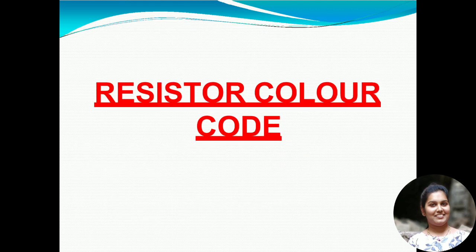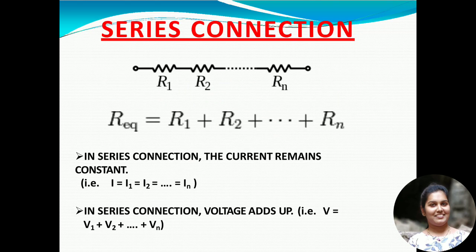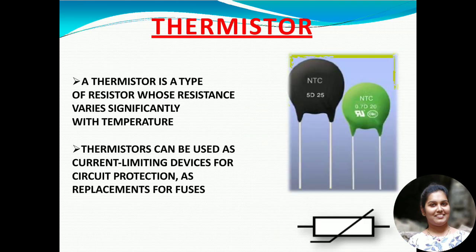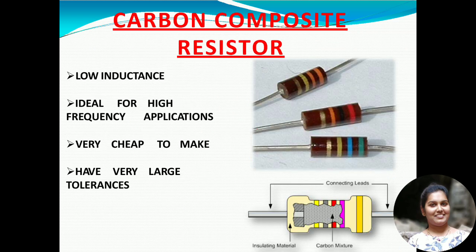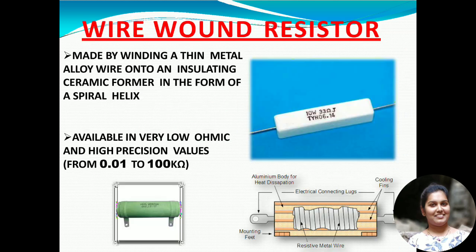Okay. Next is the color coding. In carbon and film resistors, which come under the fixed resistor category, we have seen some colors printed on the resistors. What these colors indicate, we will now discuss.